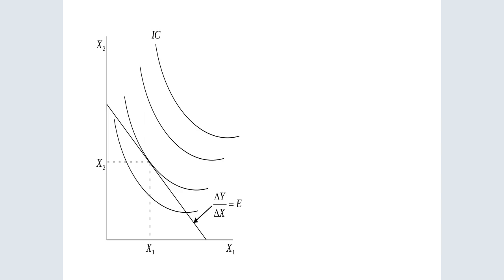Now the consumer can consume a bundle that is made up of X1 and X2. Where the budget line is attached to the indifference curve, that is where the consumer will consume, and we will have a combination of X1 and X2.